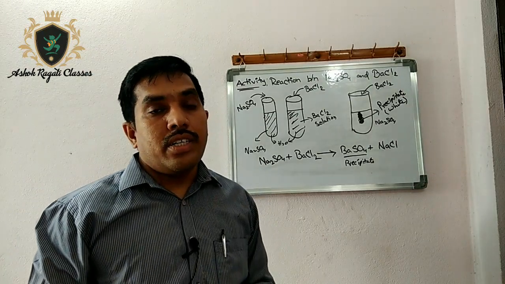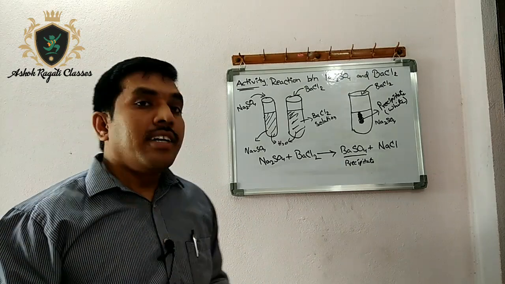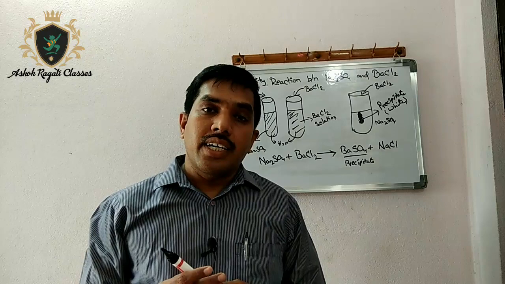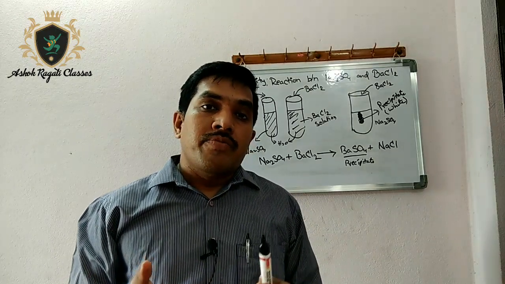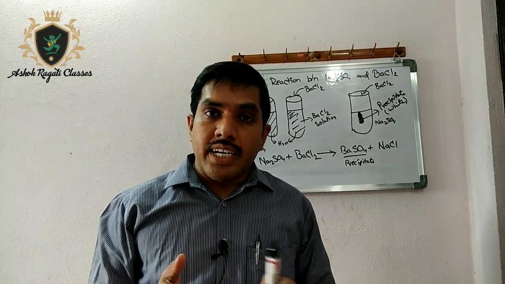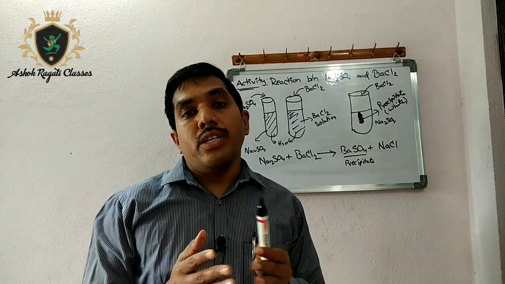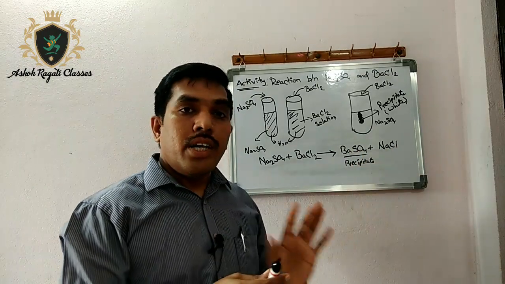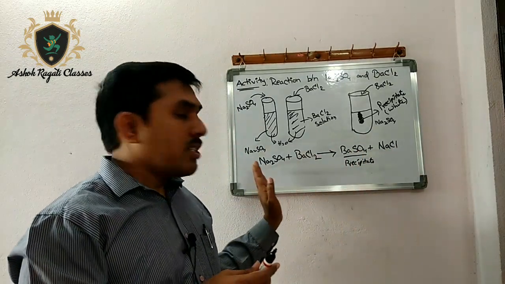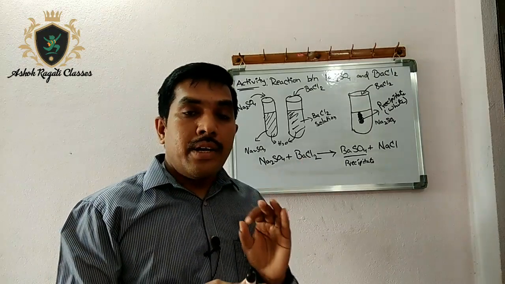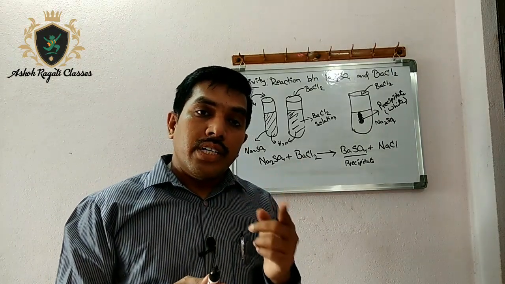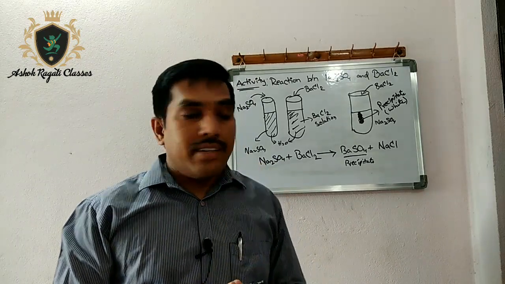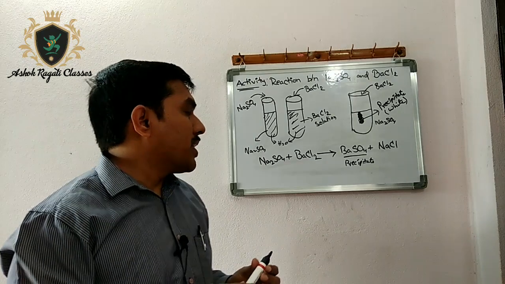From this activity, what we conclude is that when two substances undergo a chemical reaction, there is a chance of forming new substances. Yes or no? BaSO4 and NaCl are both new substances different from the original substances. But one more new point is here. What is that? There is a chance of formation of a precipitate.